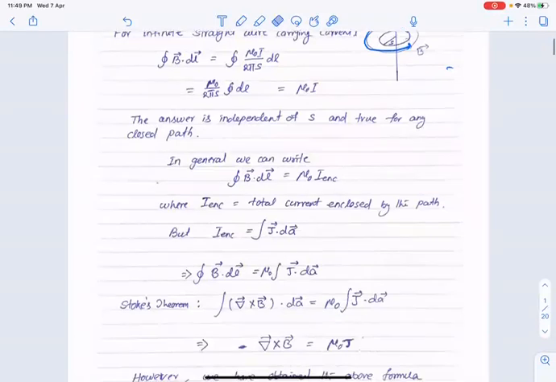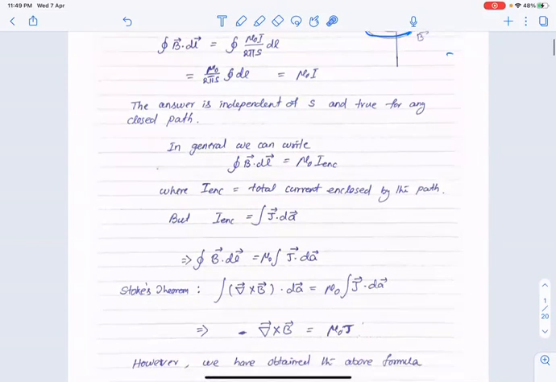However, what is I enclosed? I enclosed is nothing but the total current enclosed by the path, and in terms of current density, you should be able to figure out that I enclosed is nothing but J dot dA, where J is your current density. So now B dot dl can be written as mu 0 J dot dA.